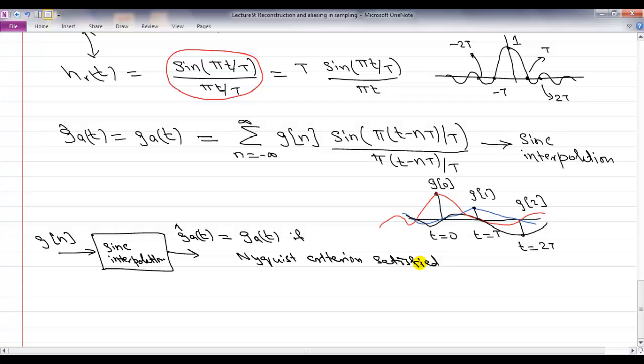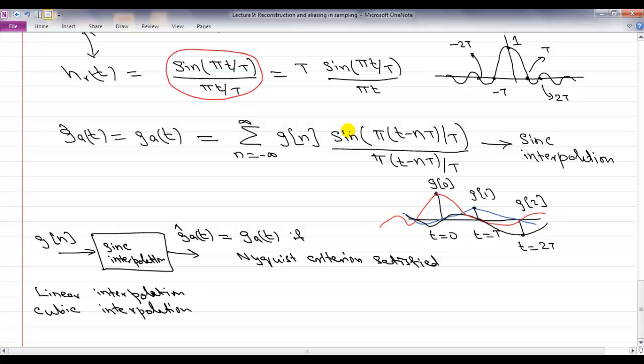So you will hear words like linear interpolation or cubic interpolation, which is just saying what kind of function you are going to use to interpolate the values between two samples.